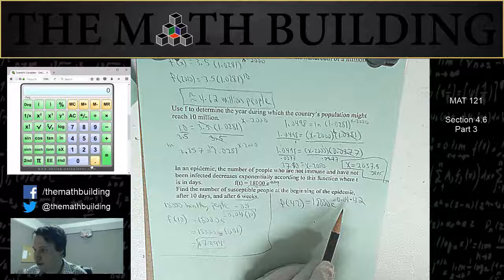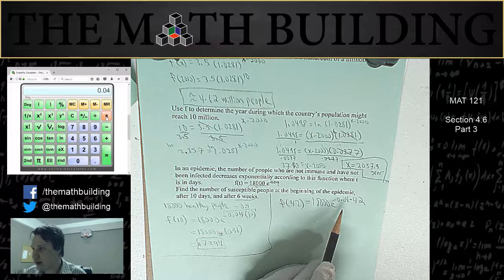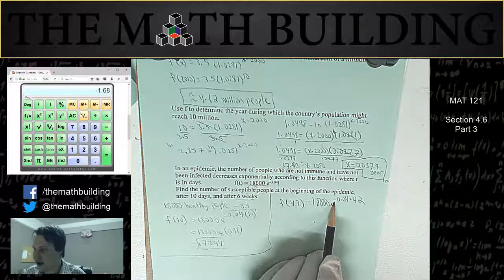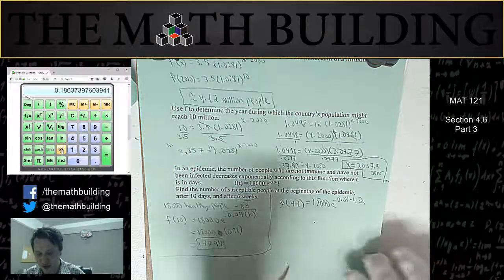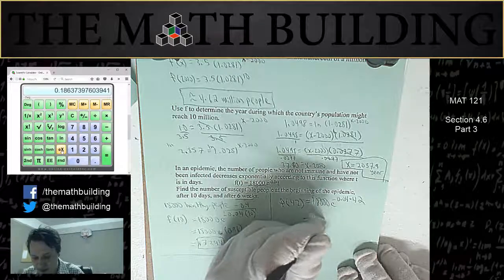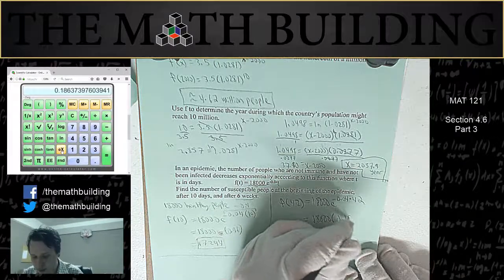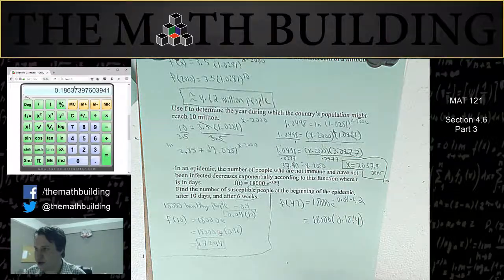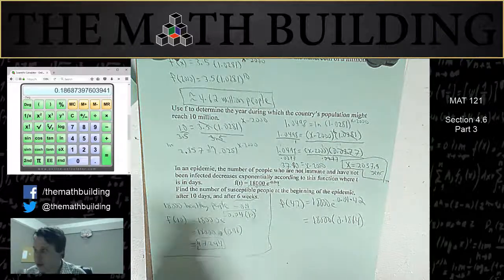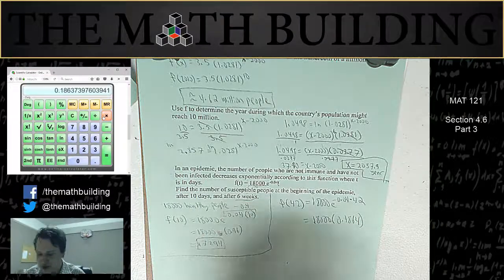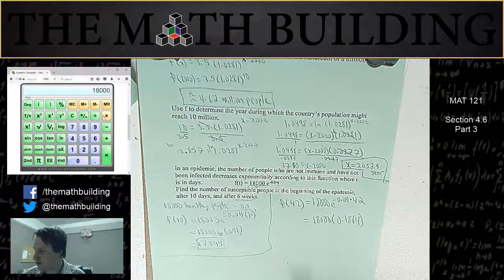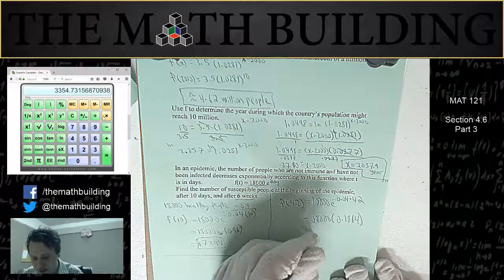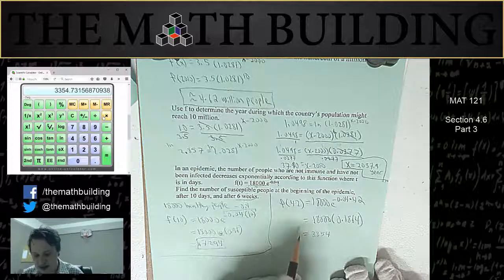So let's do 0.04 times 42 equals, let's slap on the negative sign, take e to that value, and so this answer will be 18,000 times 0.186. Since that's in the calculator, I can just multiply by 18,000. So there's approximately 3,354 healthy people after 6 weeks.